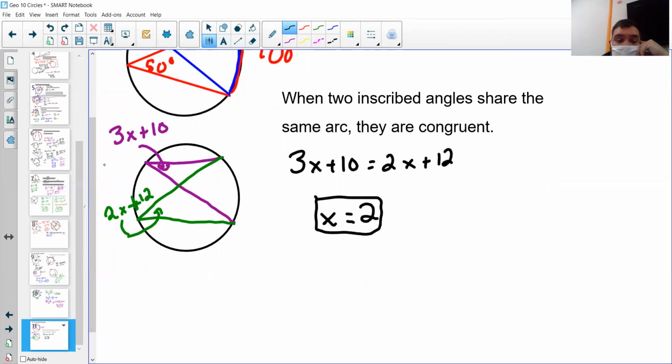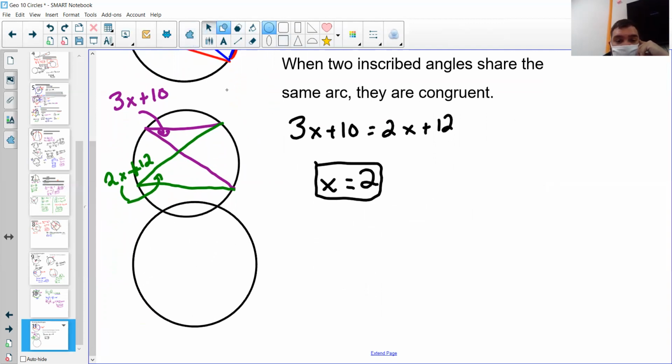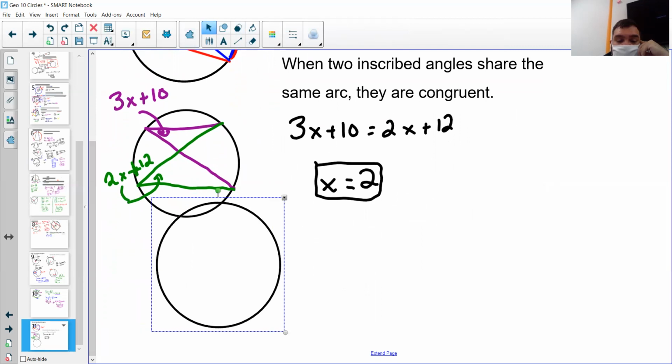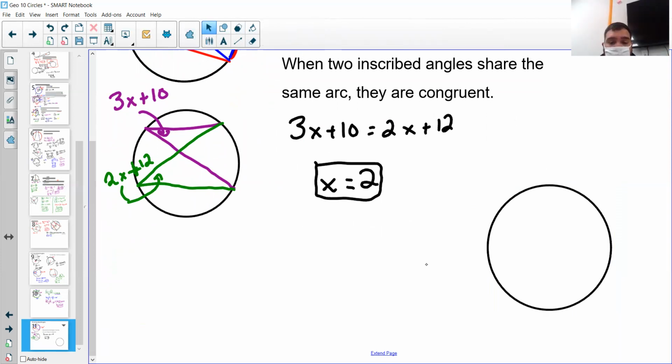So let's talk about a new type of angle, or new angle relationship. Another circle. I'll put it this side this time. Let me just check the book because I want to see how to describe it. What we're going to do is draw a triangle.